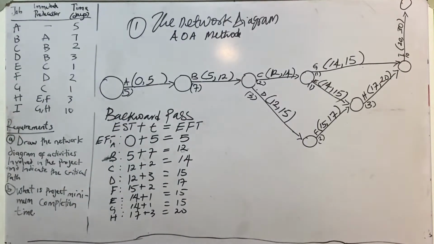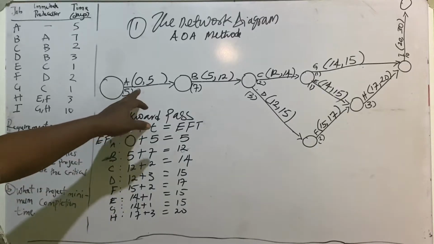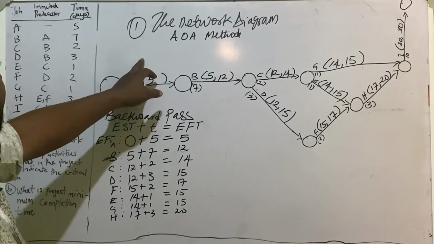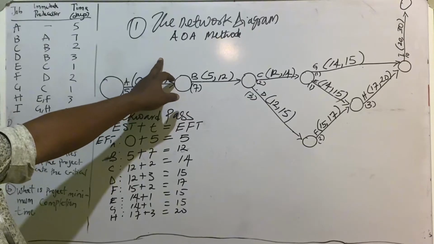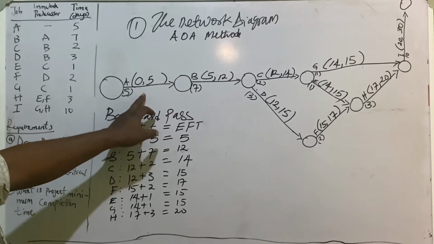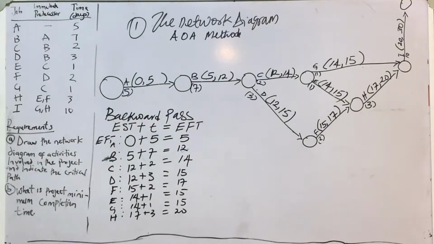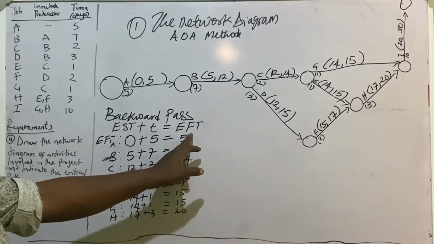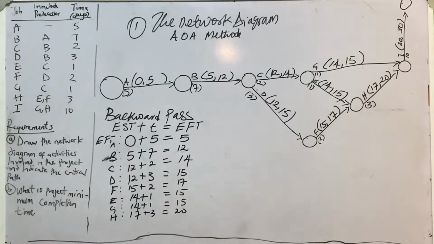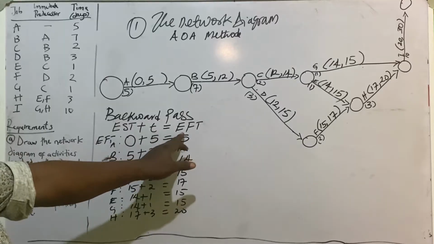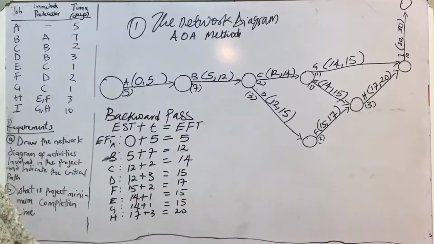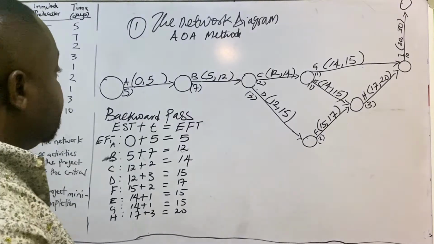It has been said earlier that the activities that are considered critical are those that will have the earliest start time and the latest start time to be equal, and the earliest finish time and latest finish time to be equal. Our forward pass helps us to compute for our earliest finish time, but our backward pass helps us to compute for our latest start time.